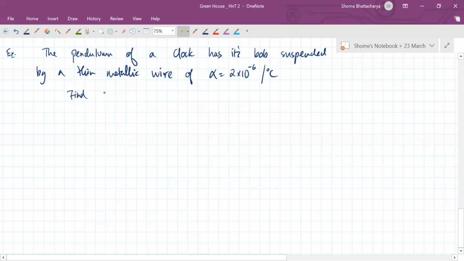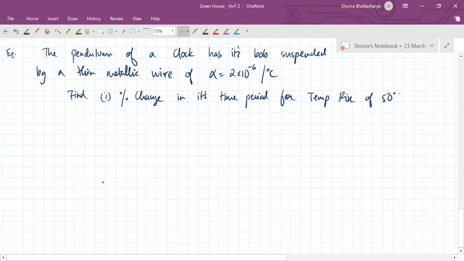So find the percentage change in its time period for a temperature rise of 50 degrees C.